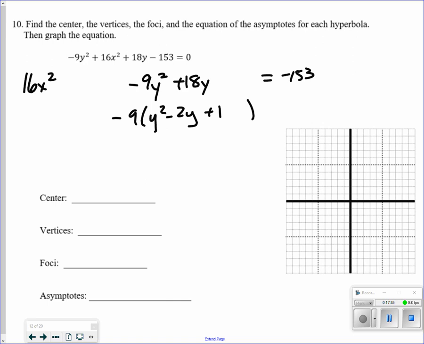I'm adding 1 squared times -9, which is -9. And so I'm going to have 16x squared minus 9, parenthesis, y minus 1 squared, equals negative 162.